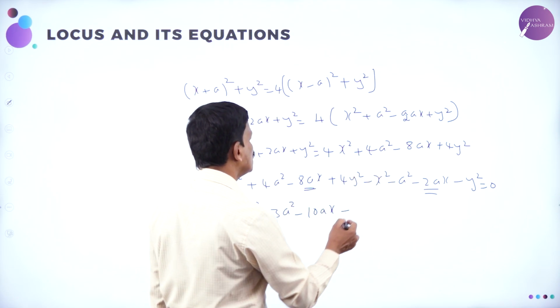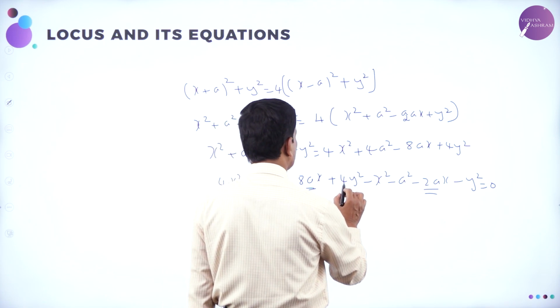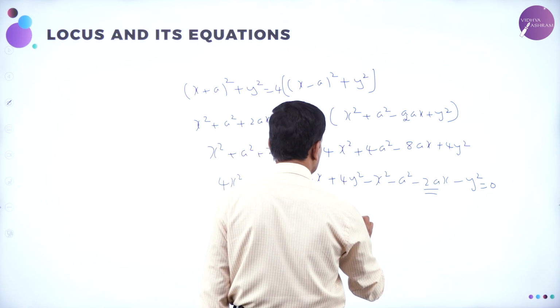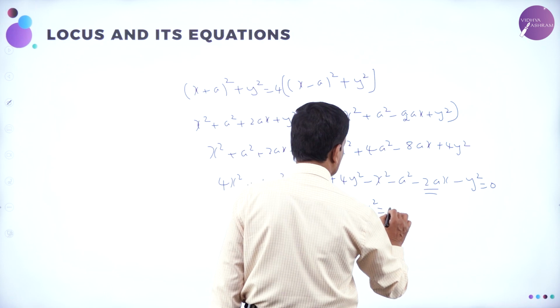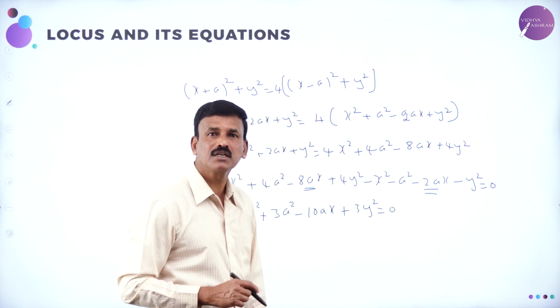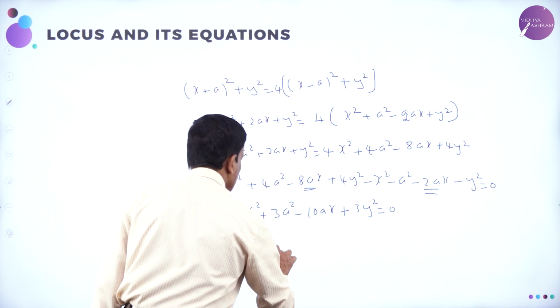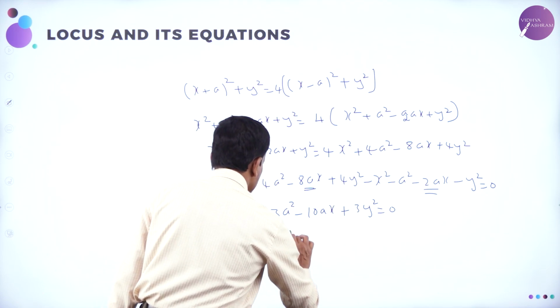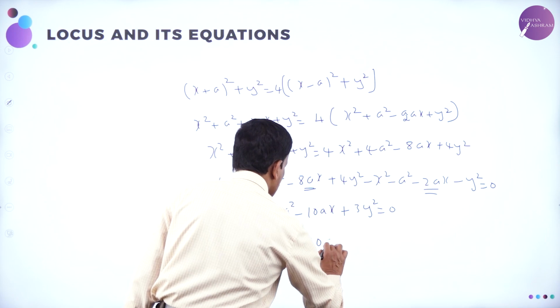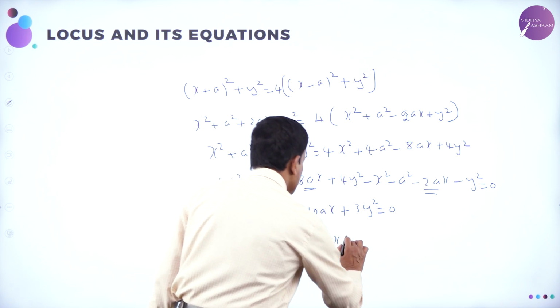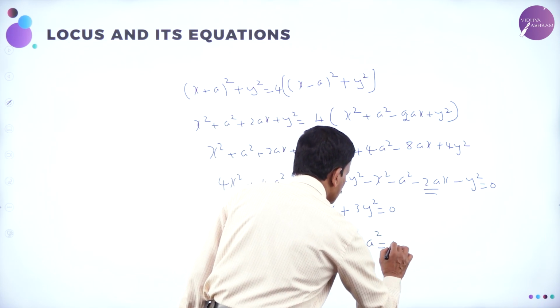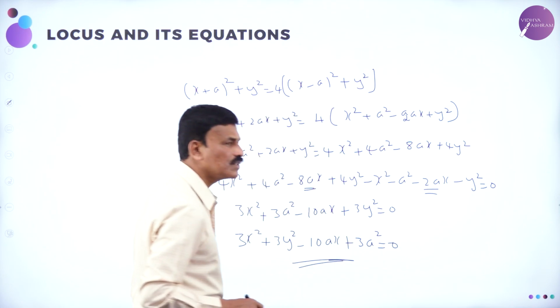Minus 10ax. And the last one is plus 4y square minus y square is plus 3y square, is equal to 0. Now put it in order. So therefore this can be written as the required equation of the locus is 3x square plus 3y square minus 10ax plus 3a square is equal to 0.